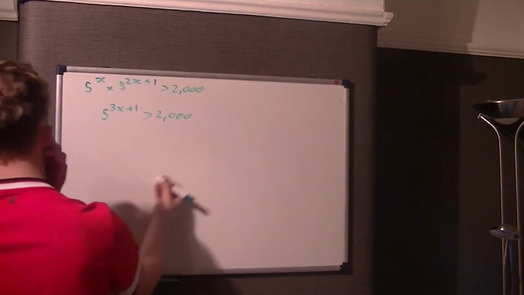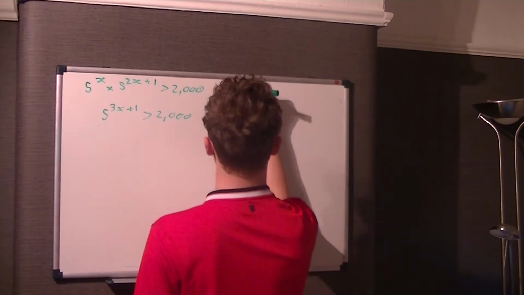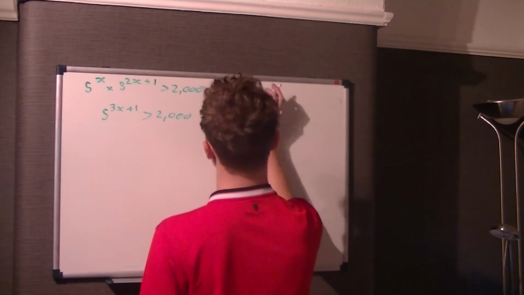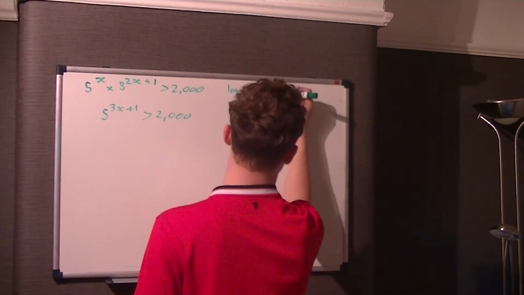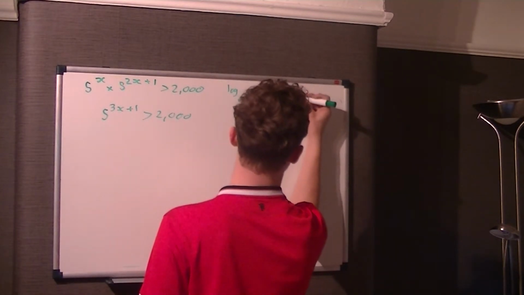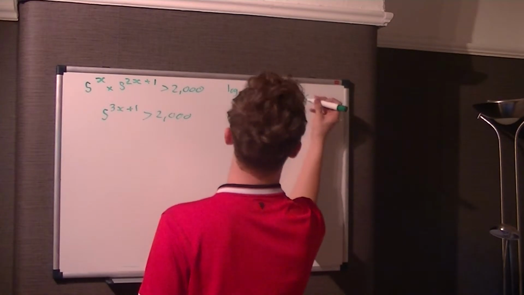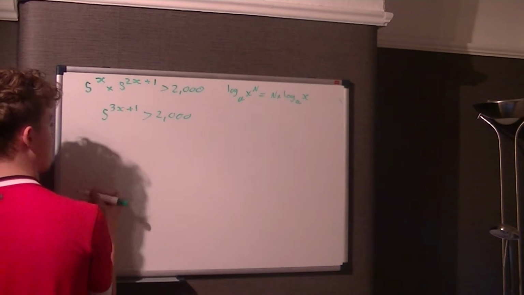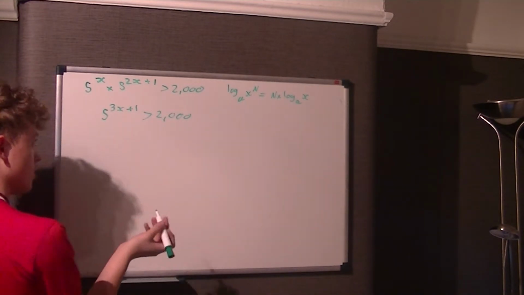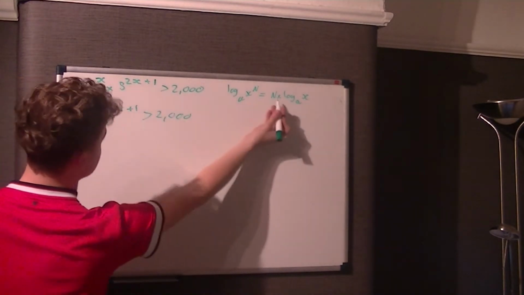And we could use our rule of log a x to the n equals n times log x in base a. It basically means we're just moving this to the front. But first, if we have to turn to a log, we need these there.